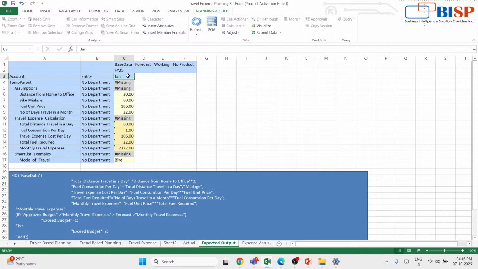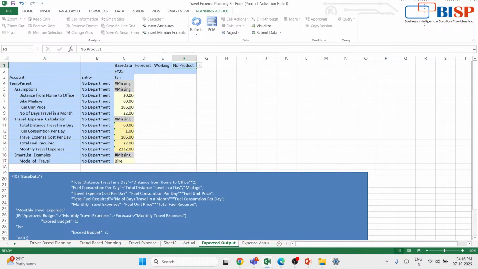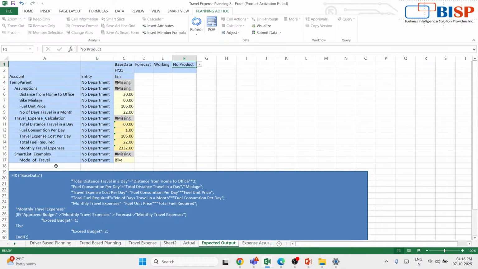Here the month would be Jan month, and the HSP view base data, version would be working, and scenario would be forecast. Here the product is no product. That's the thing which we have to take while implementing.